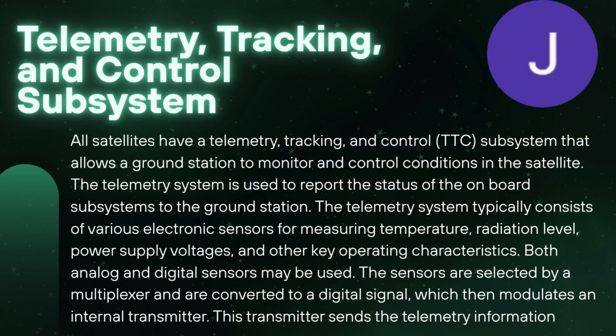Then the sensors are selected by a multiplexer and are converted to a digital signal, which then modulates an internal transmitter, and this transmitter sends the telemetry information, which simply means that telemetry, tracking, and control, or the TTC, monitors and controls the satellite operation.